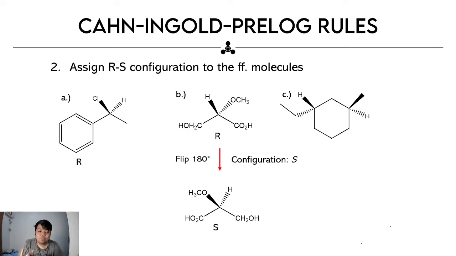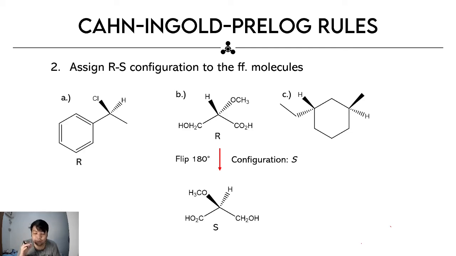Okay, now what is the purpose here? What is the gist here? So what you do actually is, if the lowest priority substituent is not at the back, maybe it is at the front or at the sides, you try to assign the RS configuration even before flipping the molecule.